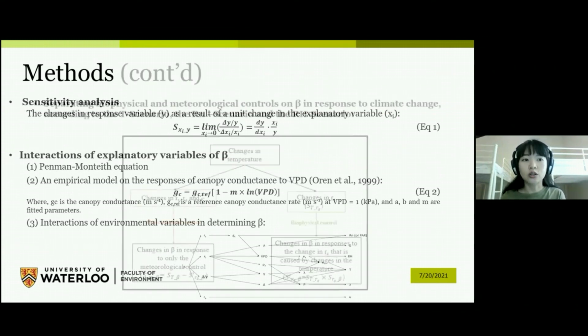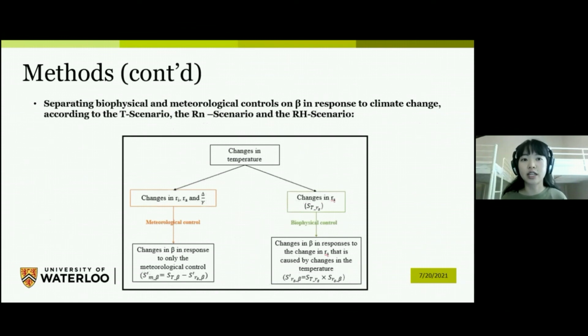So in order to have a mechanistic understanding of how climate change affects the surface available energy partitioning, and then to separate the biophysical and the meteorological controls on the Bowen ratio, we developed 3 scenarios: the temperature scenario, the net radiation scenario, and the relative humidity scenario. And then in each scenario, we only assume that 1 environmental variable changes, and then the others are kept as constant.